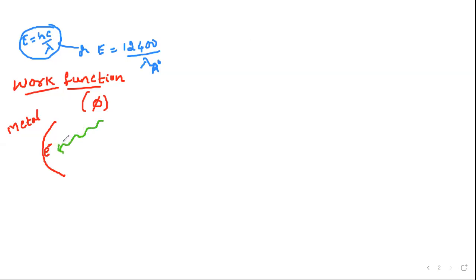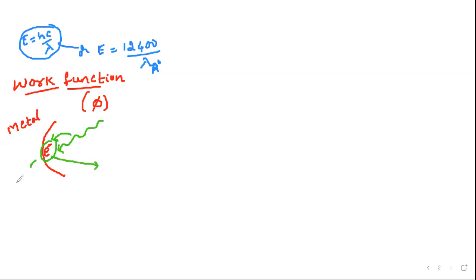Yes or no? I should give the radiation to that metal. If I give the radiation to this metal, this electron is going to absorb that energy. After absorbing that energy, this electron will come out.